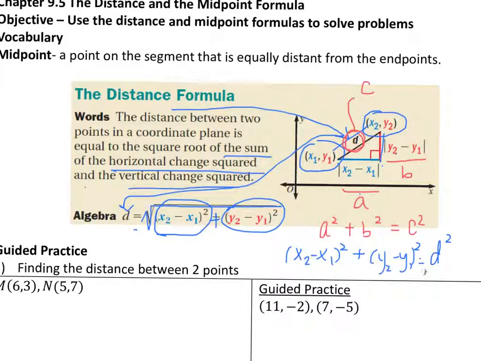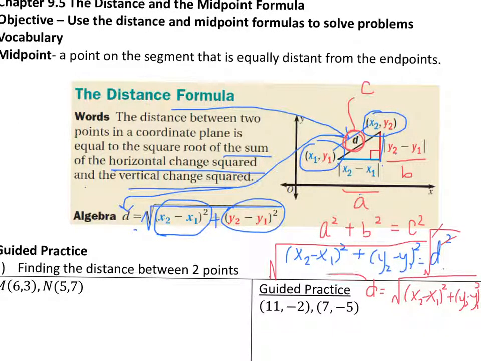And if I take the square root, D is simply equal to the square root of the horizontal change squared plus the vertical change squared. And this is the same as the distance formula printed here. So that's where the distance formula came from.